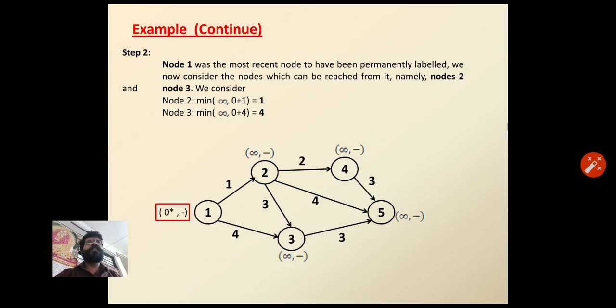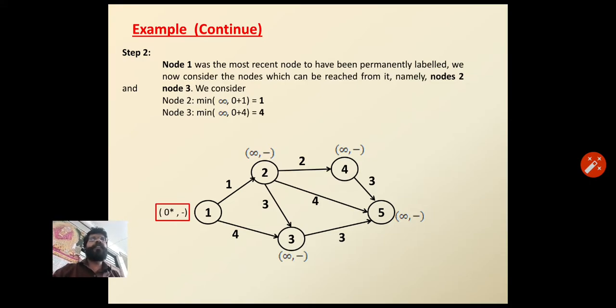After the first step, we find the most recent node to have been permanently labeled; that is node number 1. Now we consider the nodes which are directly connected to node 1. Here node 2 and node 3 are directly connected to node 1.